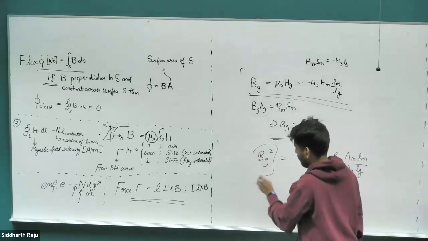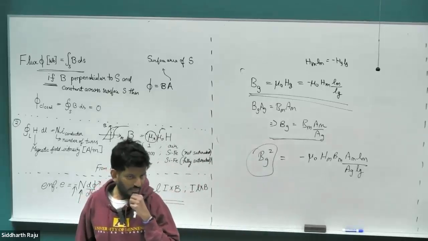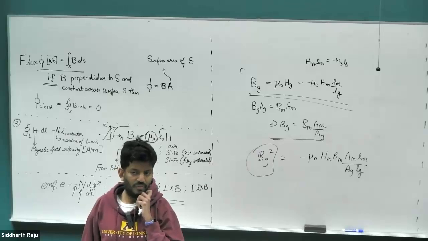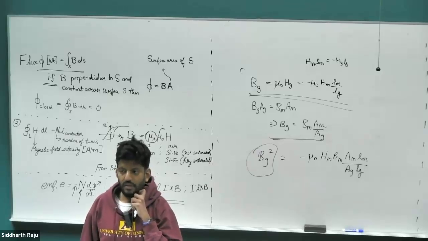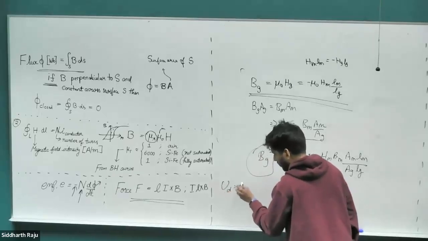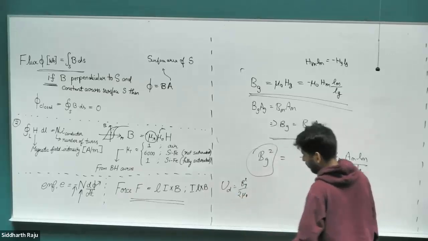Anyone want to take a guess as to why I wanted to look at Bg squared? What does Bg squared represent? We have seen that expression somewhere before. Does it relate to energy? Energy. Our energy density was Bg squared divided by 2 mu naught.